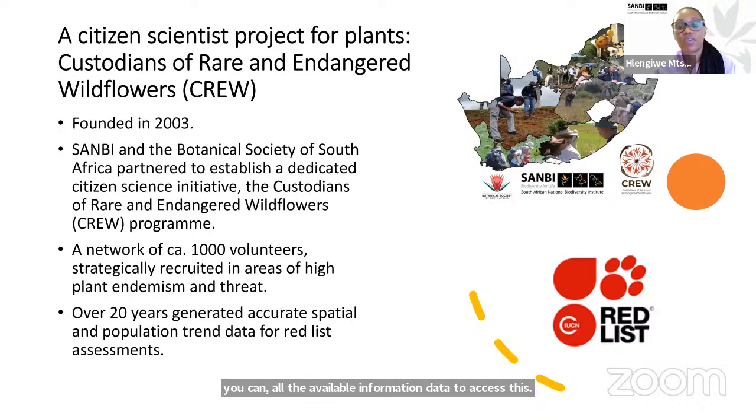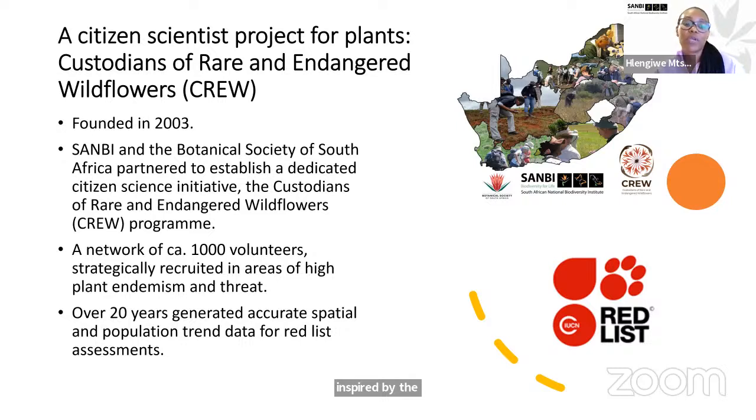Getting on to the citizen scientist project, it was founded in 2003: the Custodians of Rare and Endangered Wildflowers program. This program was formed as a collaboration between the South African National Biodiversity Institute and the Botanical Society of South Africa, and it was inspired by the Protea Atlas project.